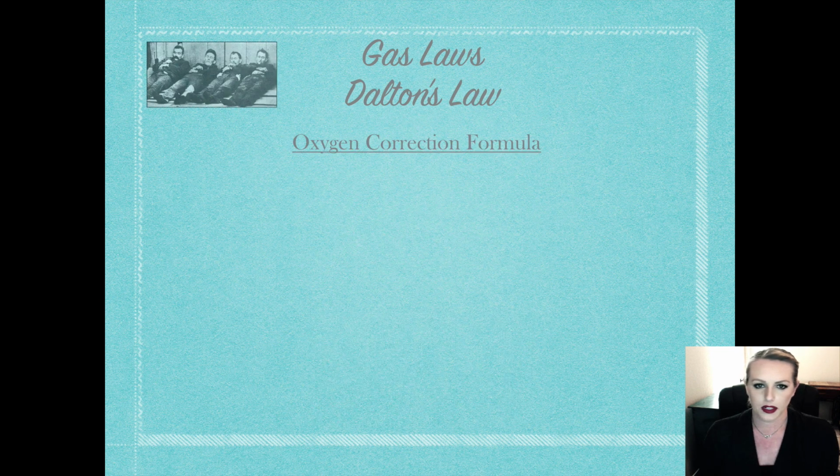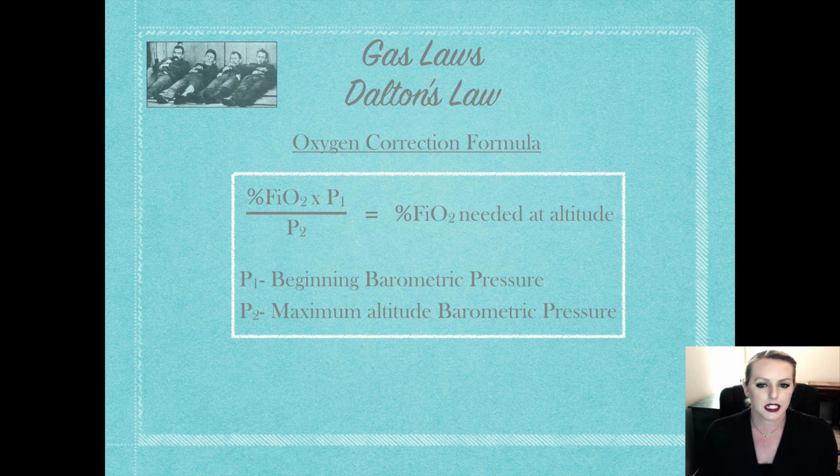Why is this important to us? So the oxygen correction formula is basically telling us the FiO2 that our patient needs to be on when we reach our altitude. If your patient is on a very strict FiO2, they need to be at 35%.